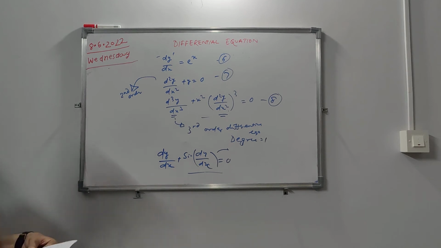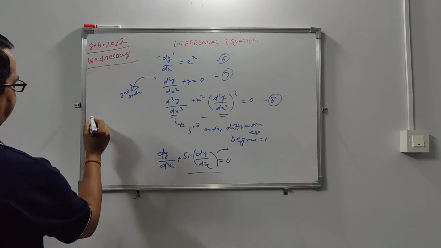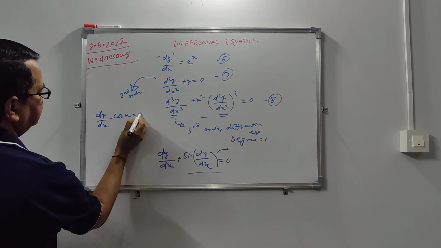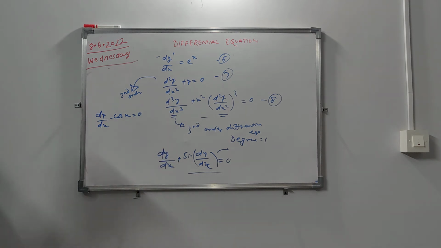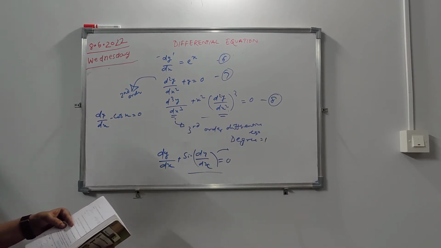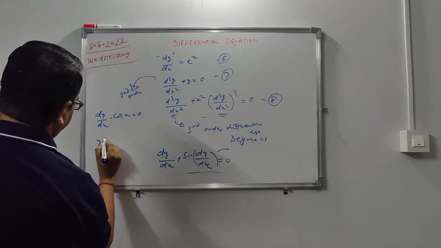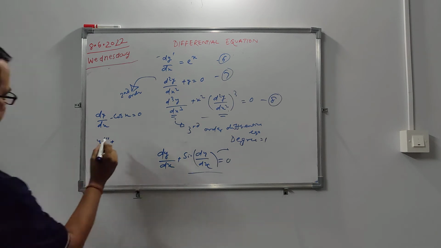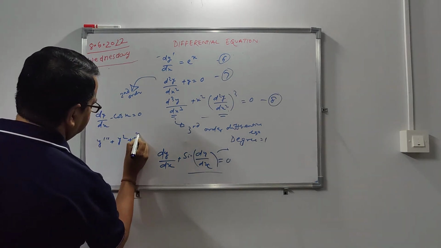There are many examples of how to find the order and degree. Let us say one example is dy by dx minus cos x is equal to 0. Here its order is 1 and degree is 1. Let us say another, y triple dash, that is the third derivative, plus y square plus e to the power x is equal to 0.